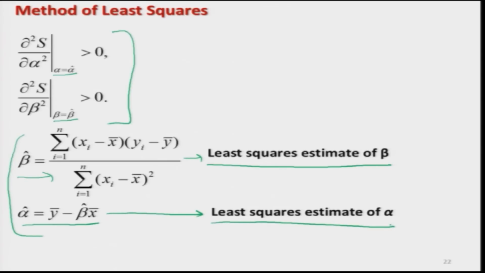This is called the least squares estimate of alpha. Now you can see the equation y equals alpha plus beta x plus e, which was our original model that we wanted to find.